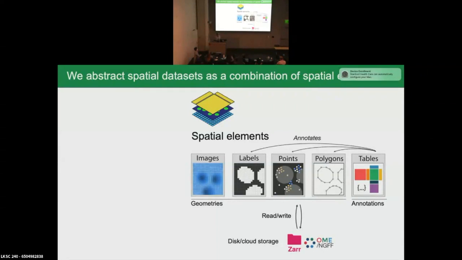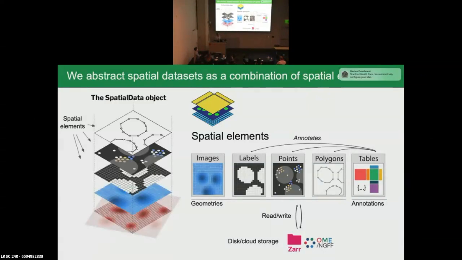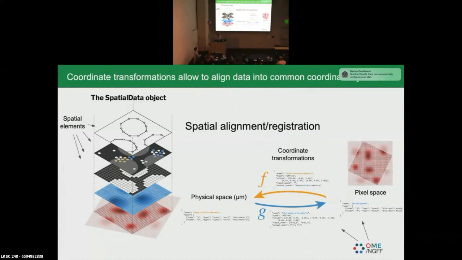The storage is both on disk and on cloud, and the spatial elements can be combined in any order, any number, with different spatial alignments, which are supported by coordinate transformations between two or more coordinate systems, and this metadata is still compliant to the OME-NGFF specification.